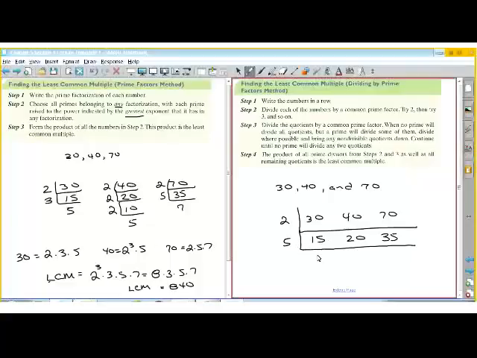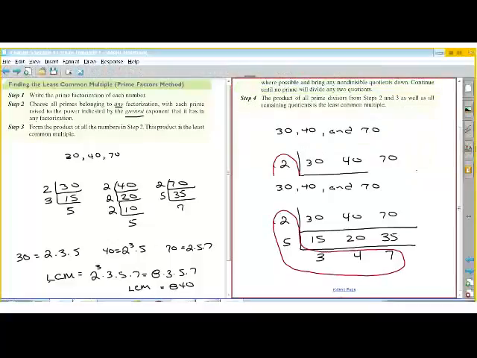So you keep doing that. 15 divided by 5 is 3, and 20 divided by 5 is 4, and 35 divided by 5 is 7. And in this case, you can't divide any of them by any common factor. These are prime numbers, and this one's not a multiple. So what you do in this case is you just multiply all these numbers together, these 5 numbers together.